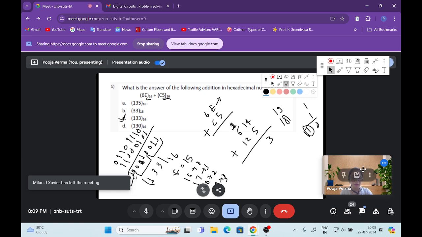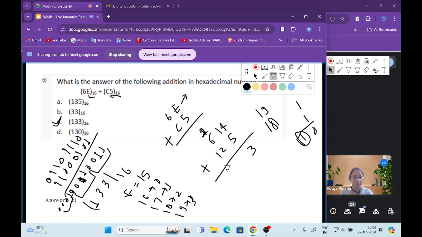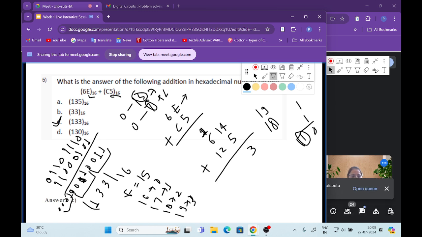Remember this point: in hexadecimal you can represent 0 to 15, and in octal 0 to 7. But after 7 or after 15, when you are adding, you must carry to the next. That's why it is a rule. You can check like this.